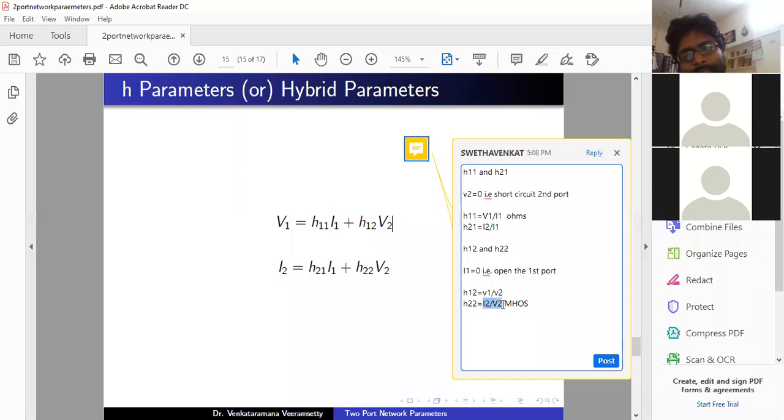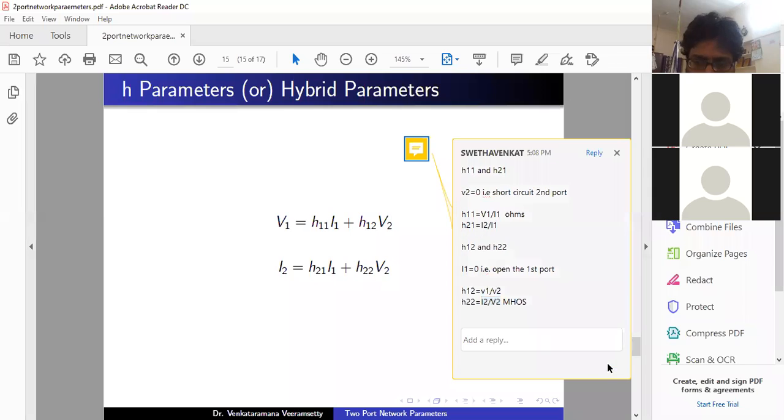These steps are the unique procedure for finding the H parameters of any type of two-port network.